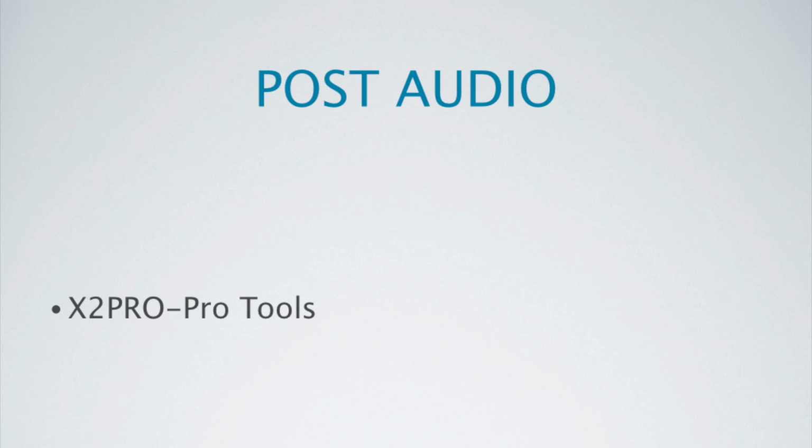So that was great. Moving on to post-audio, this got a little bit trickier. We had a question earlier about how to get audio into Pro Tools. I did use X2 Pro, which is a very simple application where you bring in your Final Cut Pro XML file, and it generates an AAF file that you can then bring into Pro Tools.